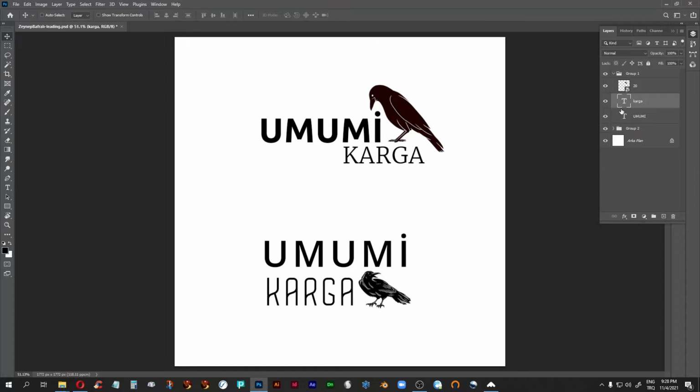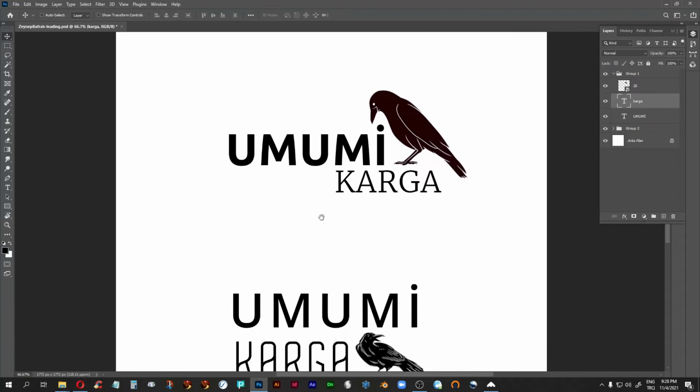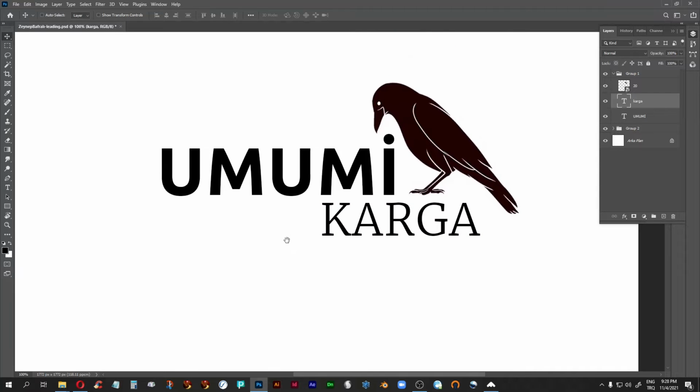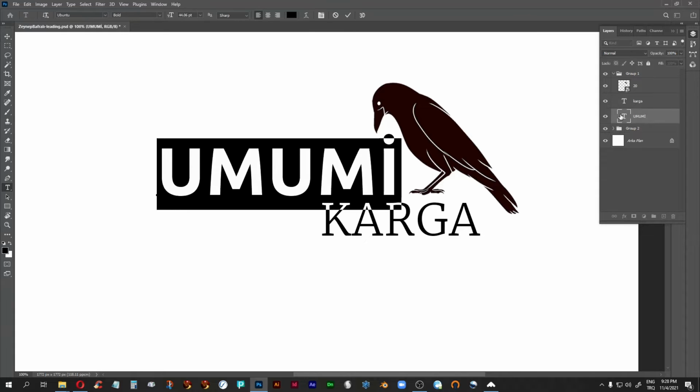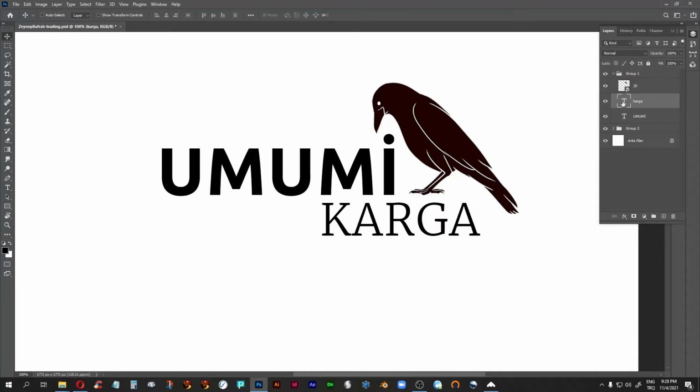However, looking at this, I think this logotype in terms of font selection can use some improvement. So I'm going to zoom in. Now this up here is Ubuntu, and this down here is Merriweather. And Merriweather is almost like a slab serif font, but not really.